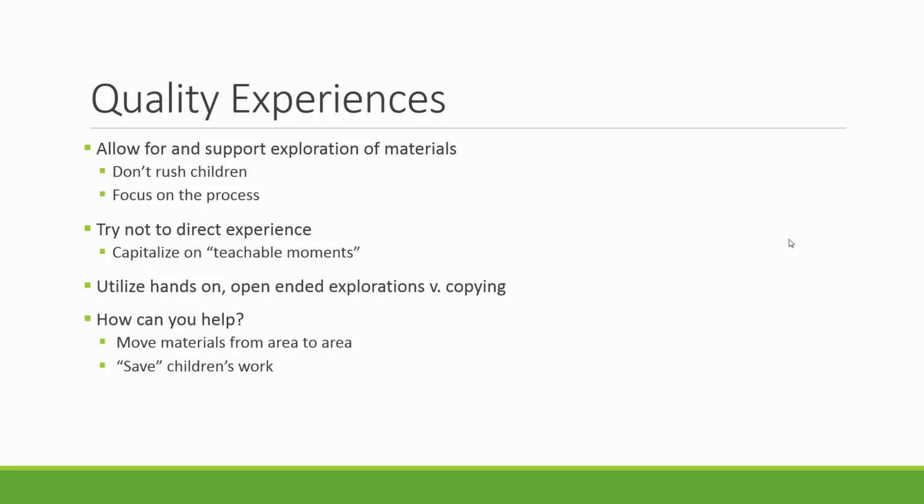You really want children to focus on how they work through the problem to get the end result that they see, versus focusing on creating the product that the teacher wants them to create. This directly relates to last module's lecture, that we need to choose appropriate materials, then create a supportive environment where children can utilize those things with little to no direction.